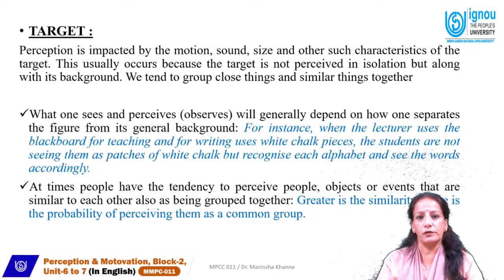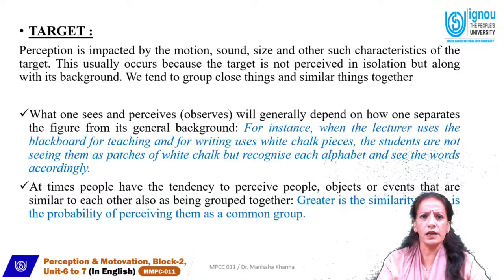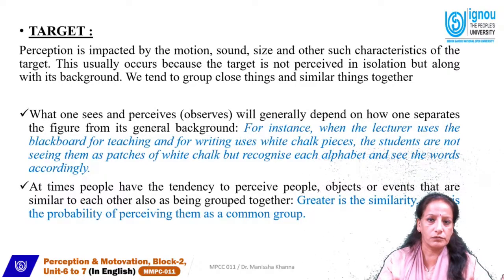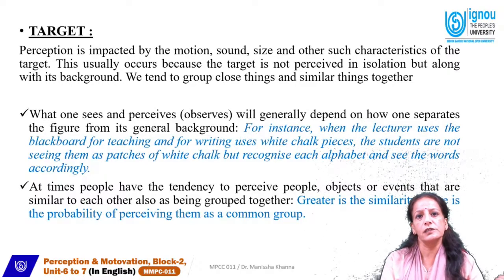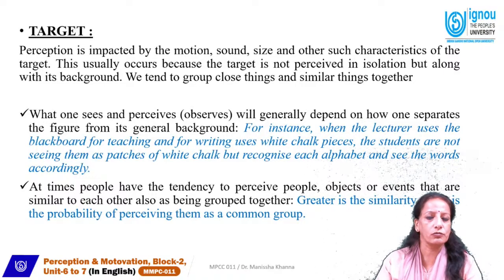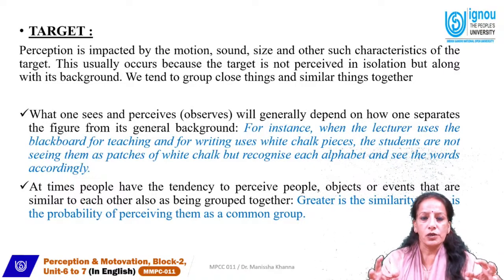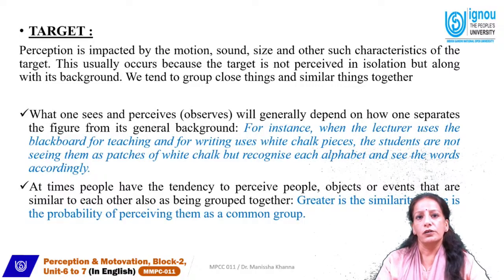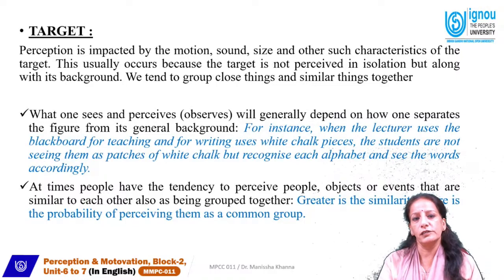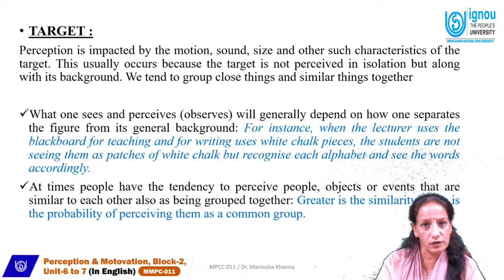For example, in a class, if there is a group discussion, the girls are grouped on one side and the boys are grouped on one side. So they are grouped together on the basis of gender, for the specific similarity of the physique. So the greater the similarity, one can easily recognize the girls group.